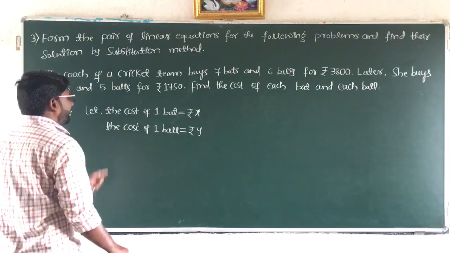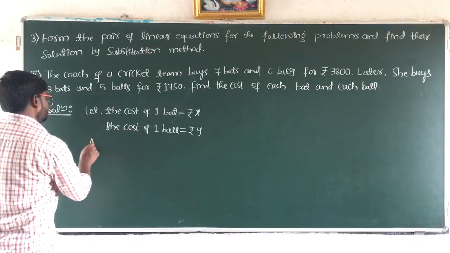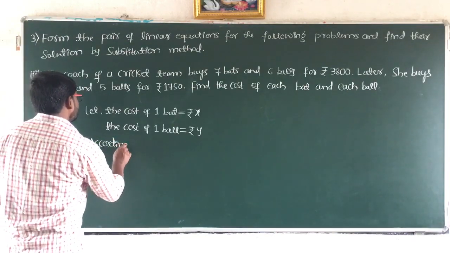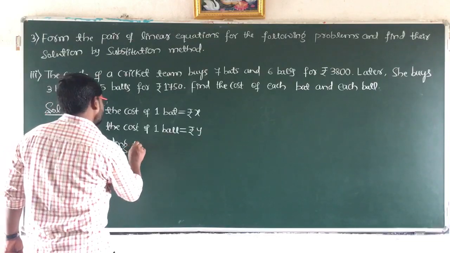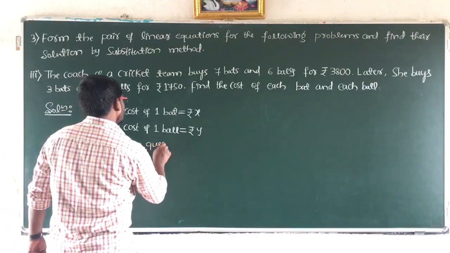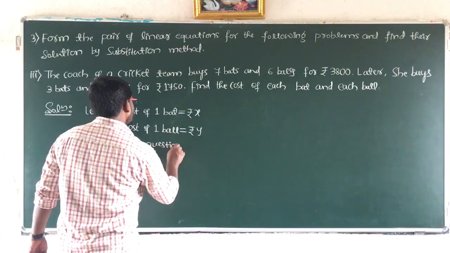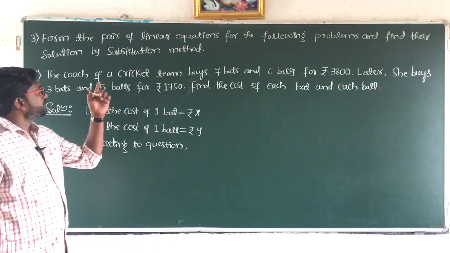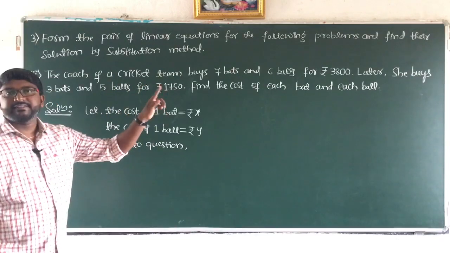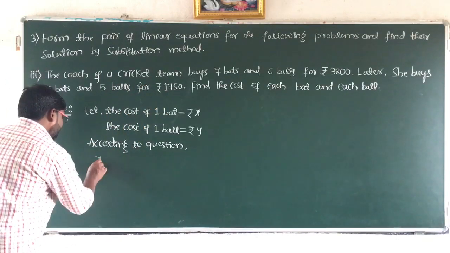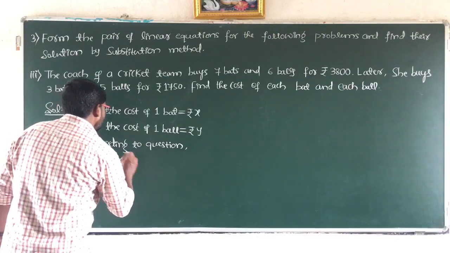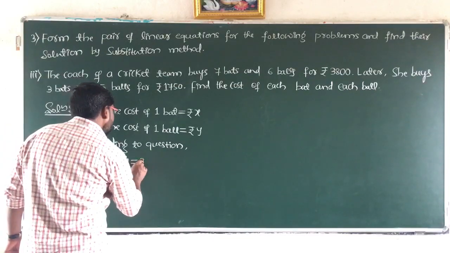So now according to the question, coach buys 7 bats and 6 balls. That means 7x plus 6y, which is equals to 3800.